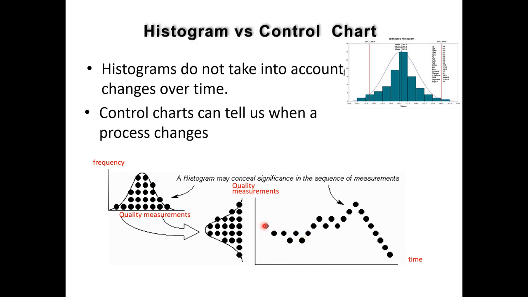This particular quality characteristic was measured at time 1, the next one at time 2, and so on. So you will see the reading of your quality characteristic, whether it is going up or down, and exactly when the reading was collected or recorded.